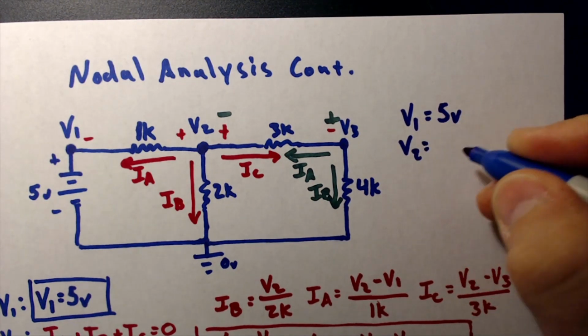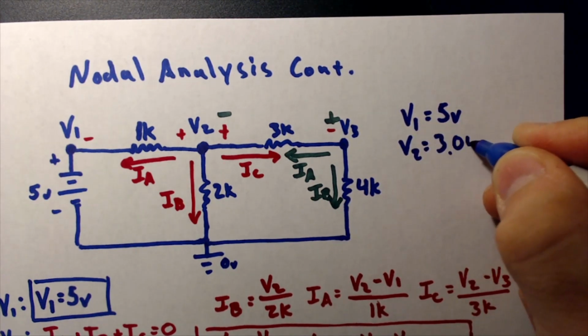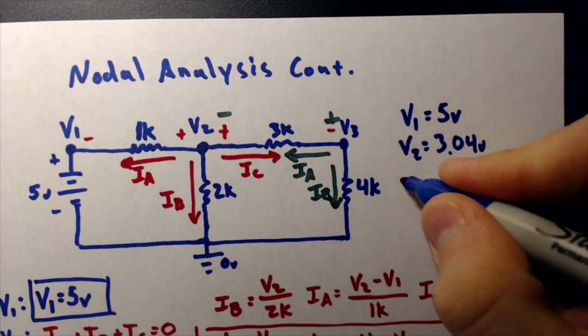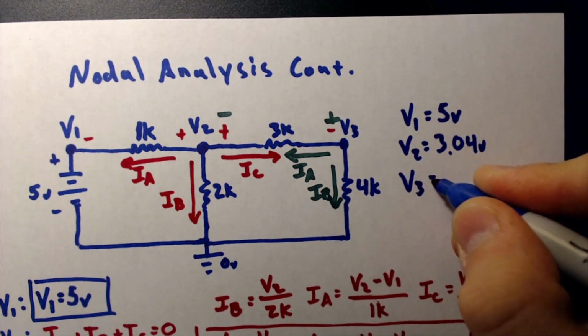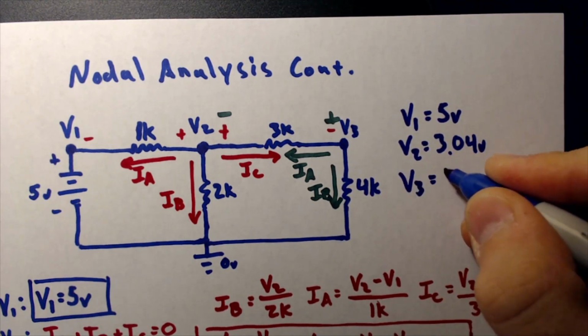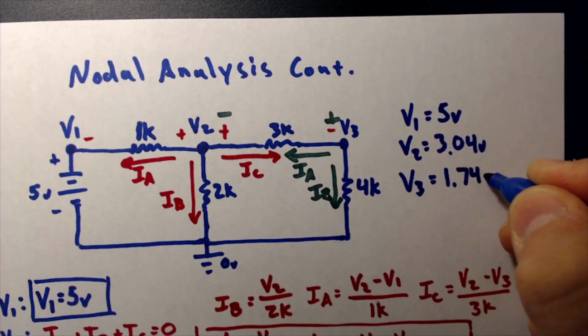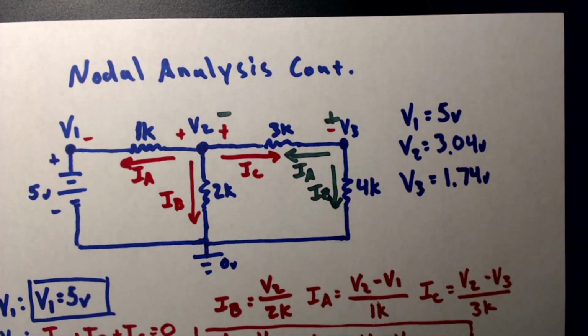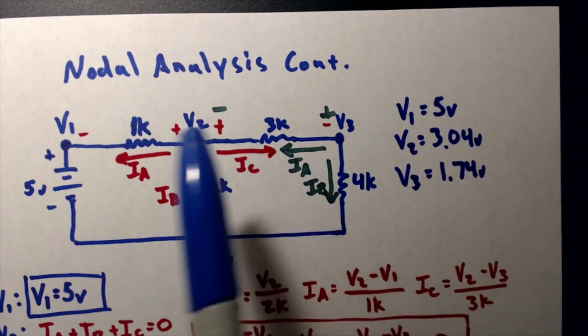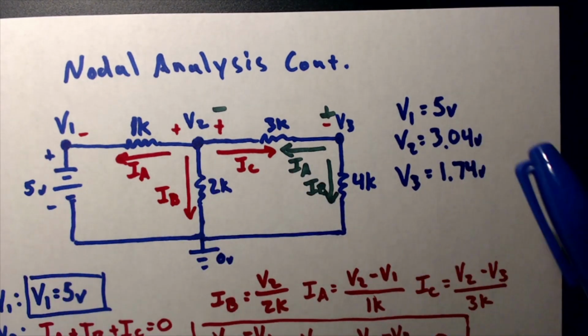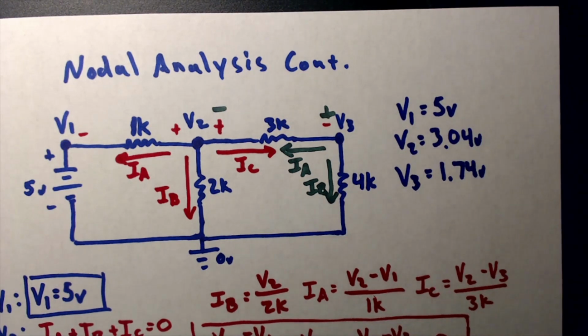V2 equal to 3.04 volts. And V3 equal to 1.74 volts. Okay, so at the end of the day, all we care about is our original circuit and these 3 voltages. So let's go ahead, write it out, and put these voltages in and see what happens in the circuit.